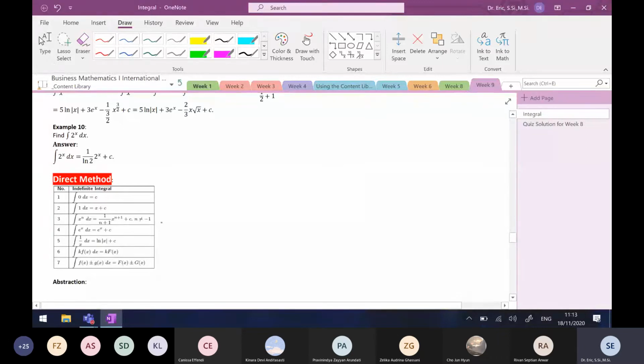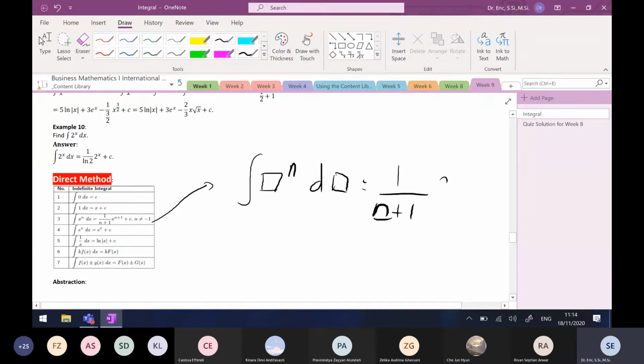So if I have this, the integral of square to the power of x, d square, is just 1 over (square plus 1), x to the power of (square plus 1), plus a constant. The square can be x, can be y, can be z, can be whatever you want.